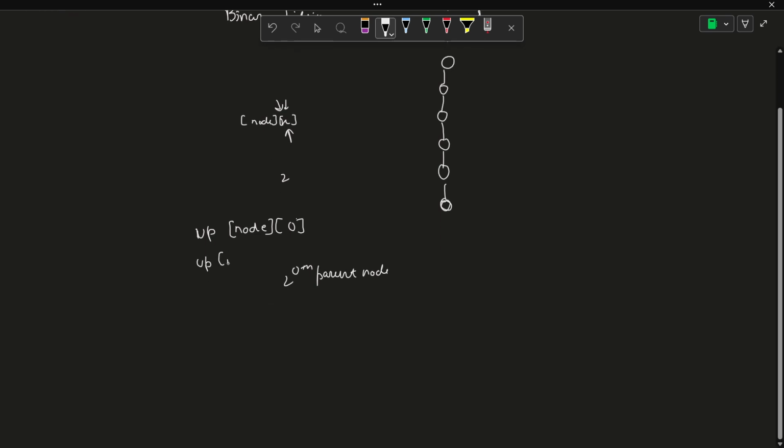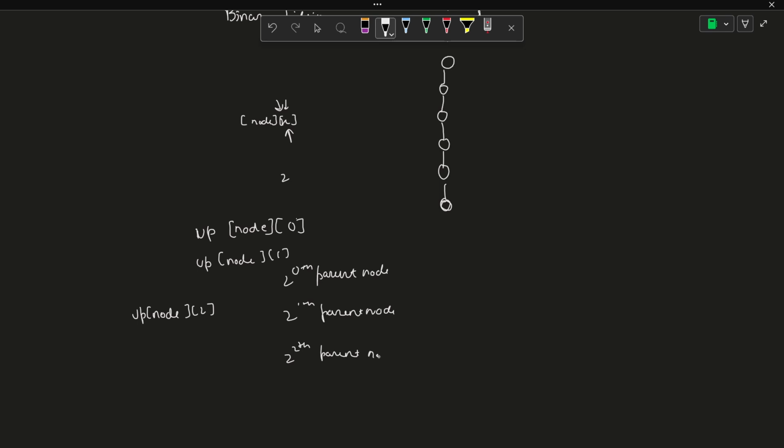Now up of node of 1 will store the 2 raised to power 1th parent of node. Similarly, up of node of 2 will store the 2 raised to power 2th parent of node, right? So what is the advantage of storing these powers of 2?